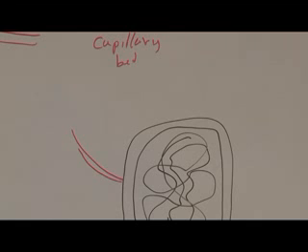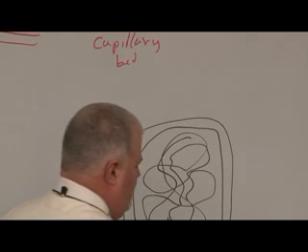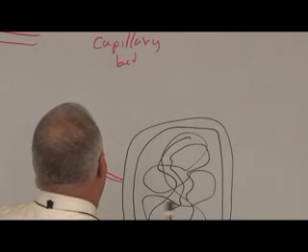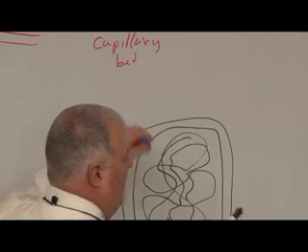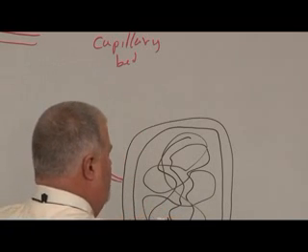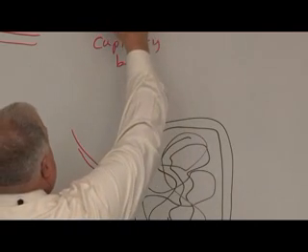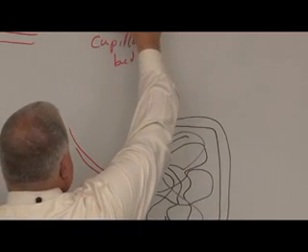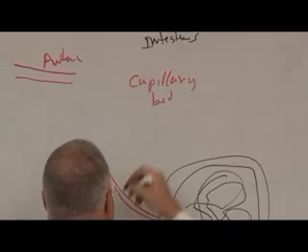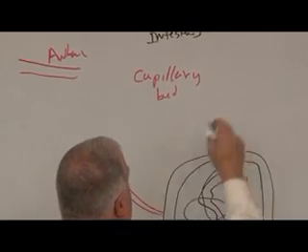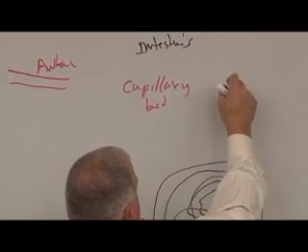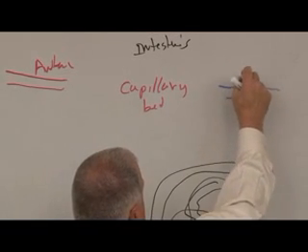Okay. So what actually happens is that we go from this artery feeding the capillary bed, and the capillary bed is going to be associated with the intestines. And then all of these little veins come together and form another vein.